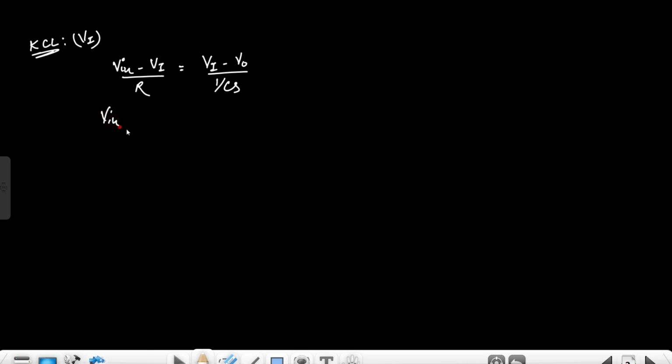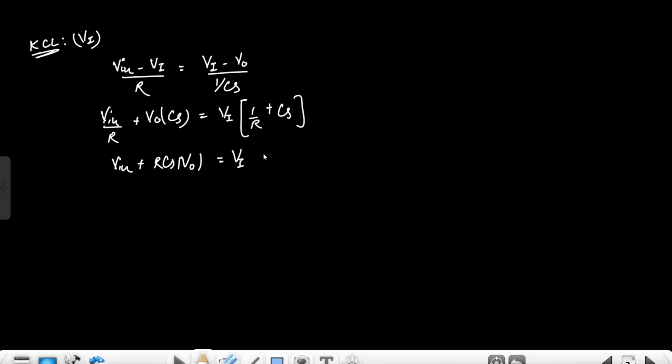So this will be Vin upon R, and V naught on the left hand side, so V naught into Cs. Now V inverting is common, and this will be 1 upon R and this is Cs. Taking R as the LCM, it will be RCS into V naught, and this will be V inverting and 1 plus RCS. Now putting the inverting terminal voltage as minus V naught upon AOL, it will be 1 plus RCS and Vin plus RCS into V naught.